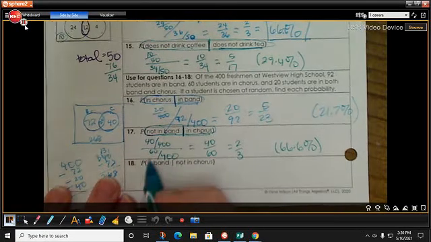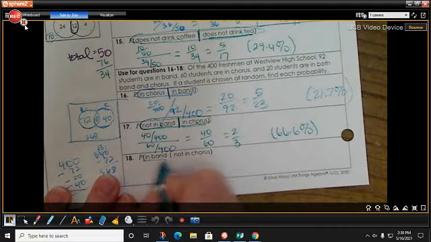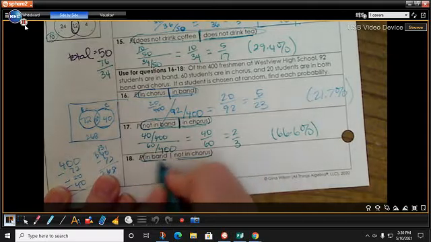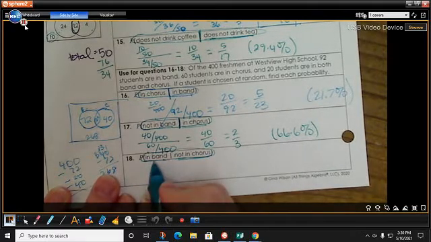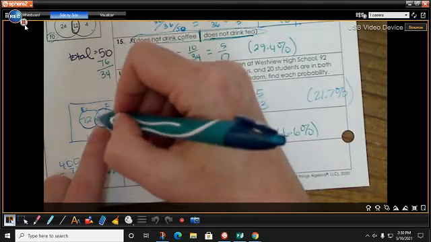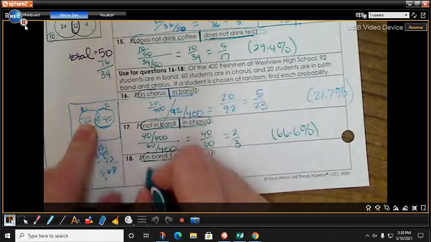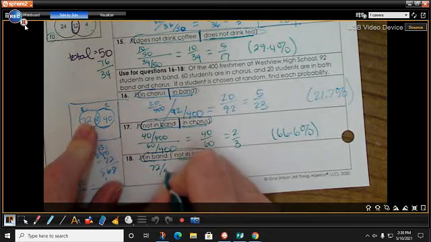Here I'm going to look for the chances that I am in band given that I'm not in chorus. So first we find the probability of being both in band and not being in chorus. So here's all my band people, but I don't want to count the ones who are in chorus. So that leaves me 72 out of the 400.